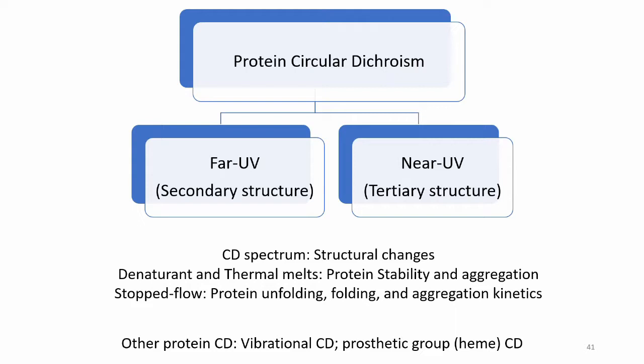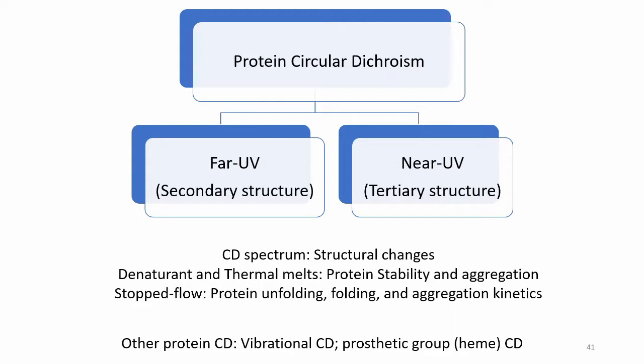In near UV, we can say whether the aromatic side chains are in a rigid, chiral environment, or whether they are unfolded or exposed to the solvent, freely able to rotate. We can use the denaturation thermal melts to determine protein stability and aggregation. We can use stopped-flow methods to monitor protein unfolding, folding, Chevron plots, the aggregation kinetics and the involved energy barriers.